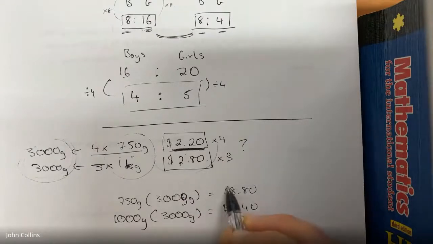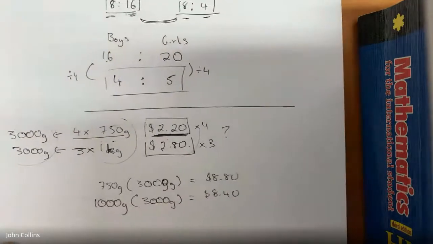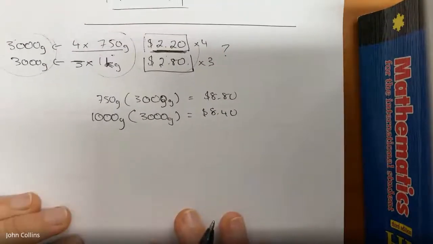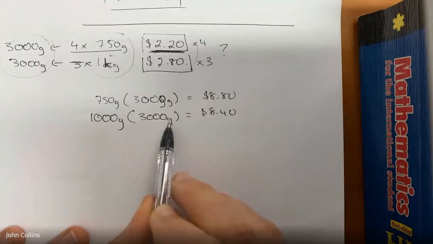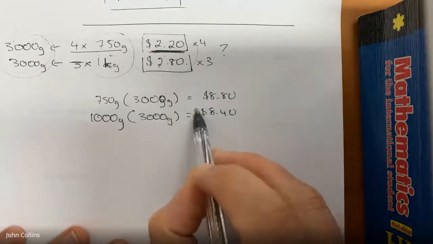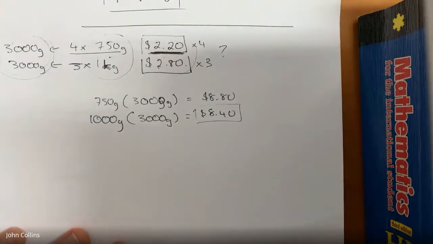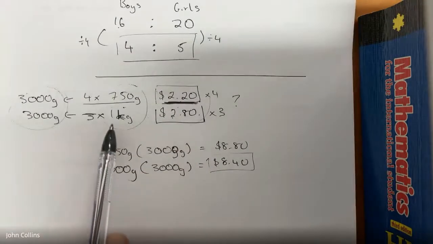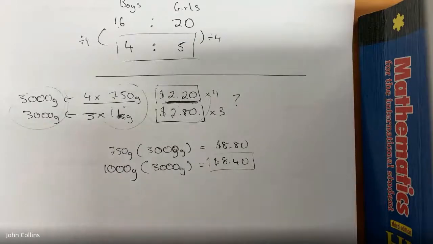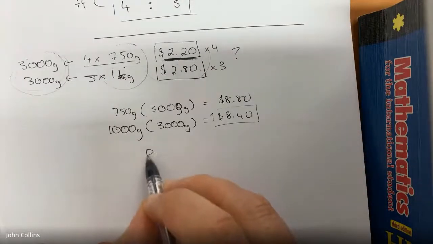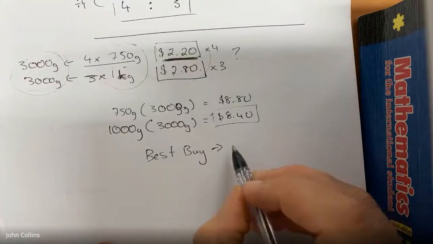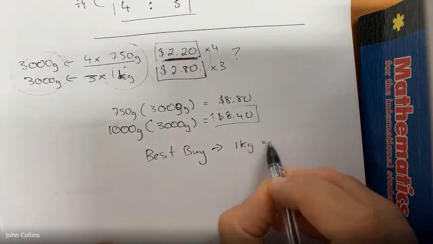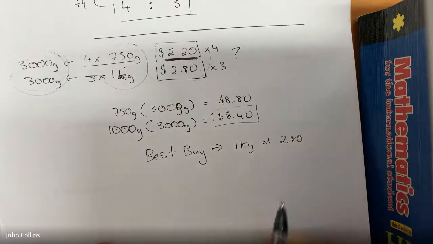That's the price of 3. Now it's far easier to compare which one is cheaper. For 3,000 grams or 3 kilograms, this one is better value. So it would also be better value at the 1 kilogram price. The best value, or best buy as it's sometimes called, is the 1 kilogram at 2.80.